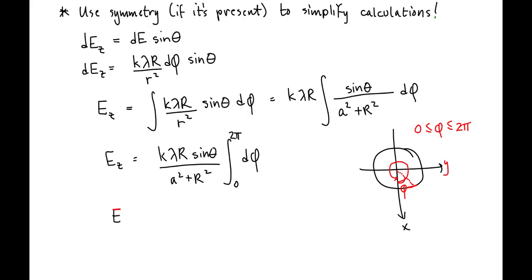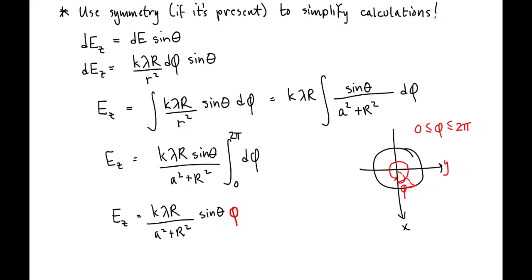This is such a simple integration, and what makes it simple is the fact that we are integrating in polar coordinates. So this is k lambda r over a squared plus r squared sine of theta, not d phi anymore, we just integrated.